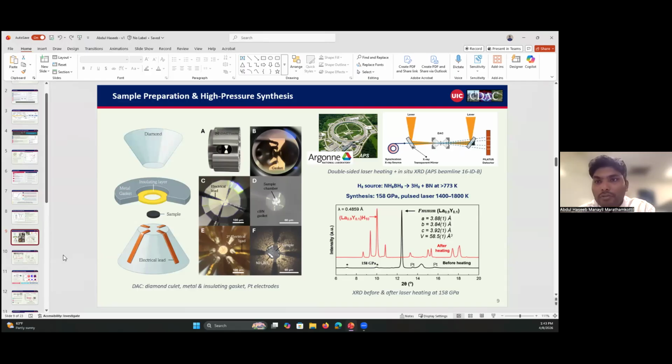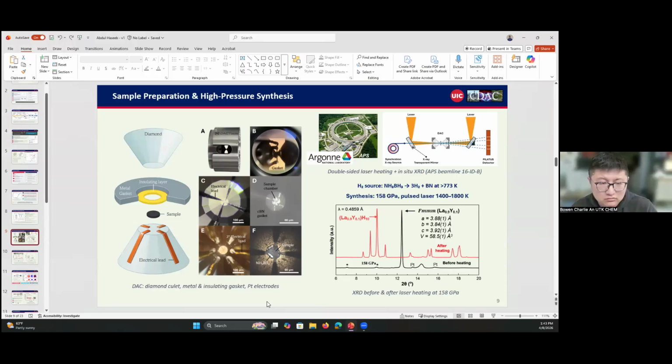So we do two things. First we use the diamond edge. Then the second one, we use the platinum as the pressure standard as well, from the leads. So we use both as a standard for the pressure.